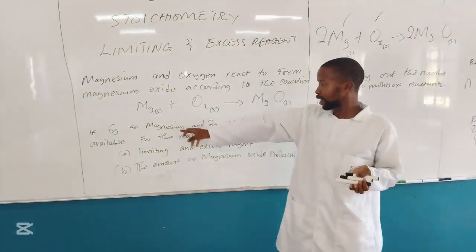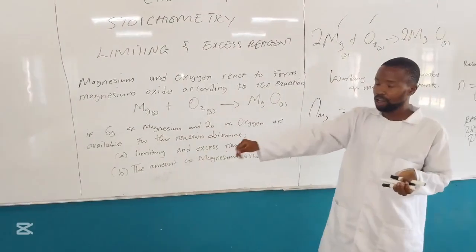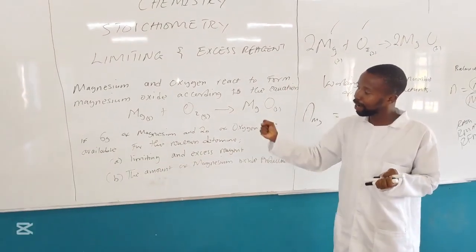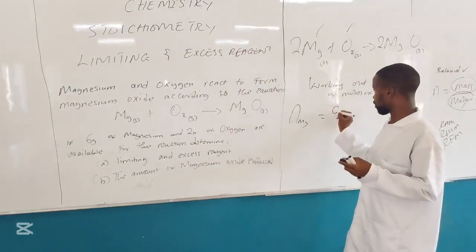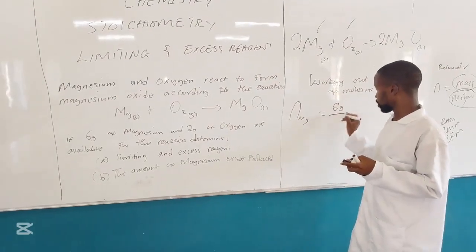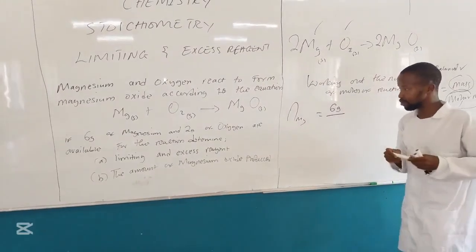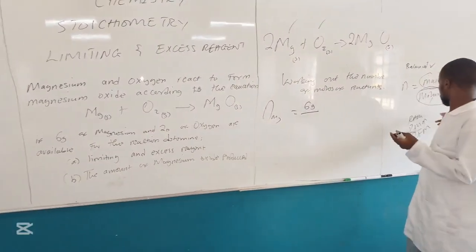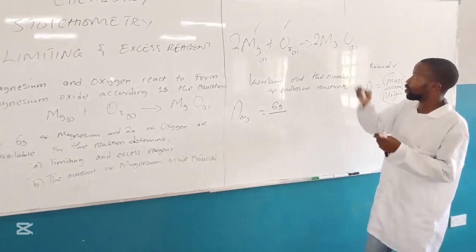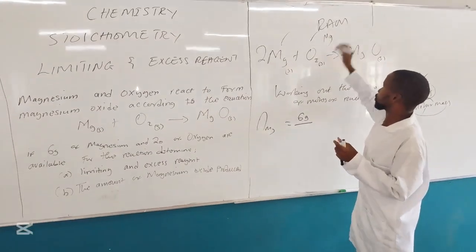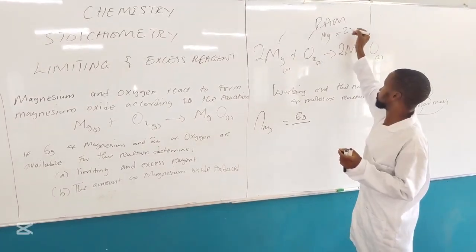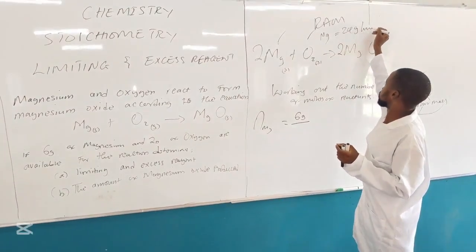The mass that we're going to use is from the information that we're given. If 6 grams of magnesium and 2 grams of oxygen are given, it means the mass of magnesium in this case is 6 grams. The molar mass for magnesium, we're simply going to use Ar for magnesium, which is equal to 24 grams per mole.